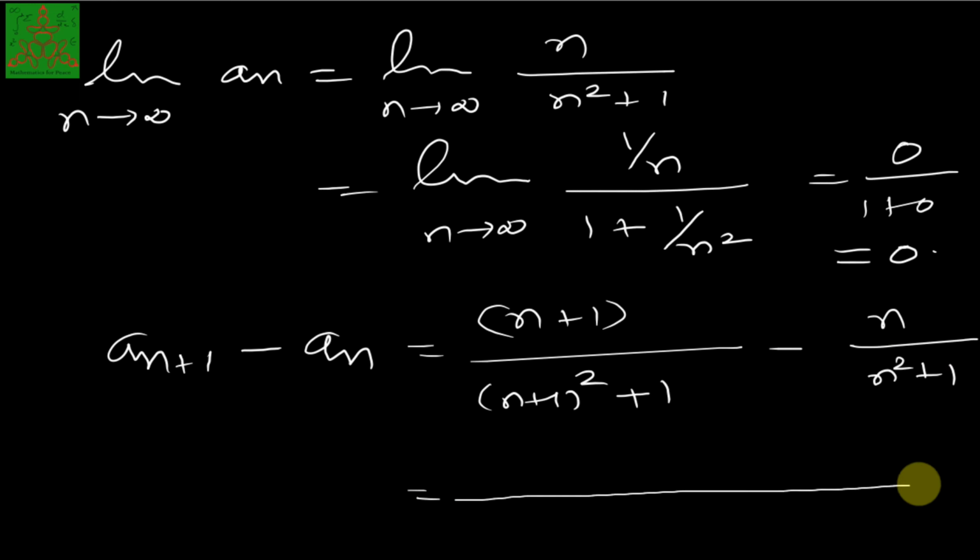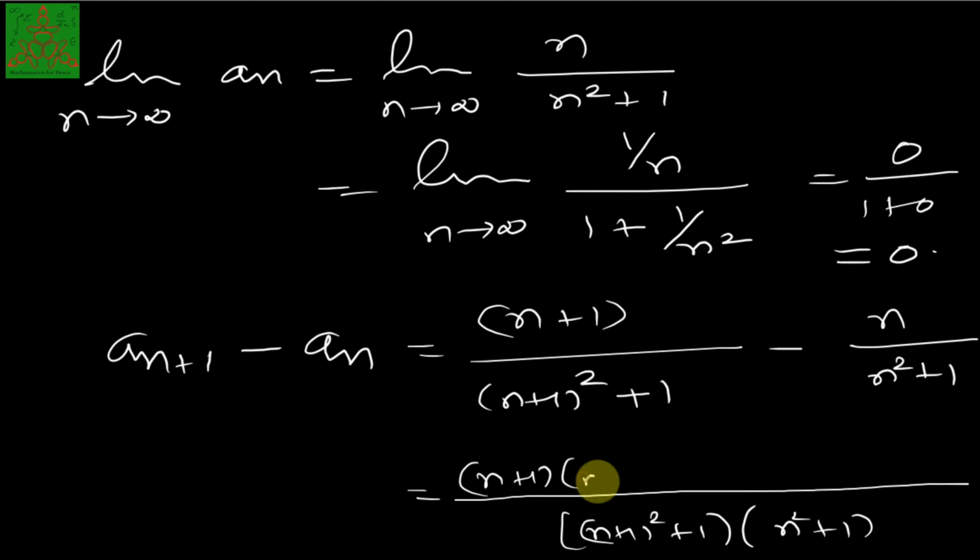If I take the LCM, we have the denominator (n plus 1) square plus 1 into (n square plus 1), and the numerator is (n plus 1) into (n square plus 1) minus n times ((n plus 1) square plus 1). If I simplify, (n plus 1) square will be n square plus 2n plus 1, plus 1.